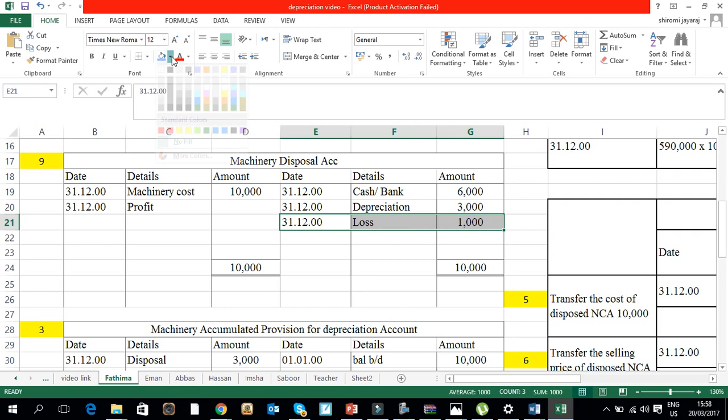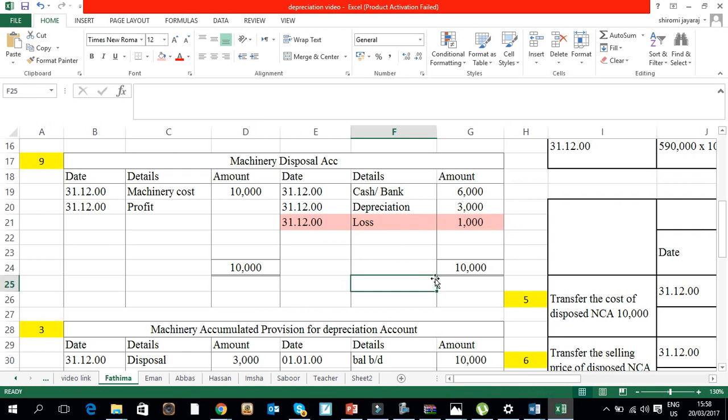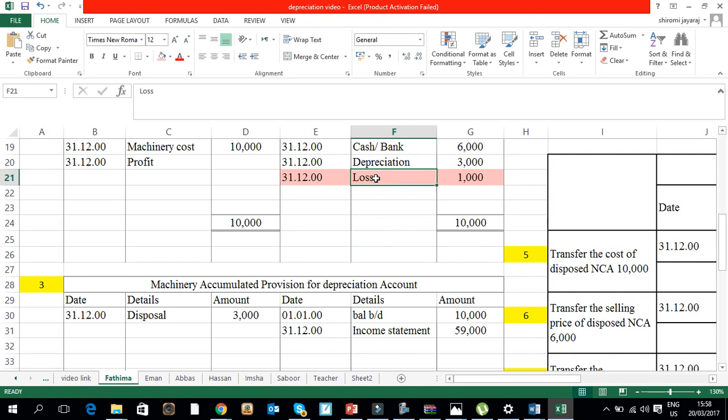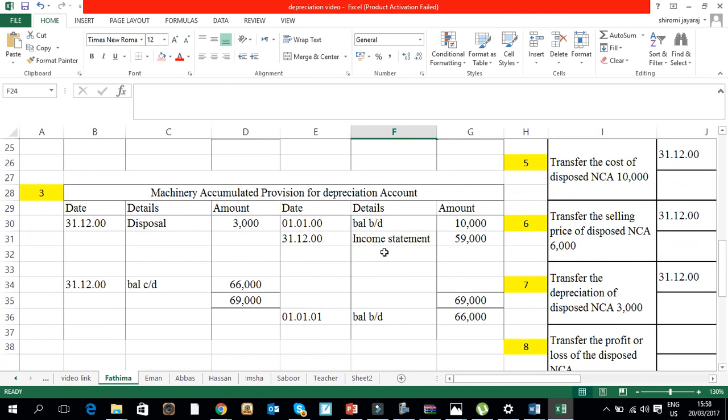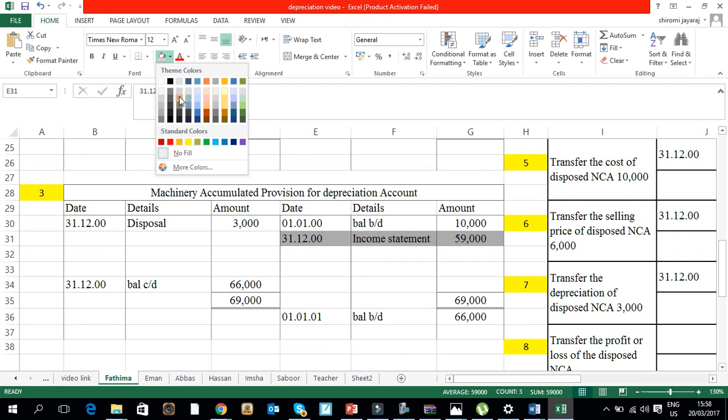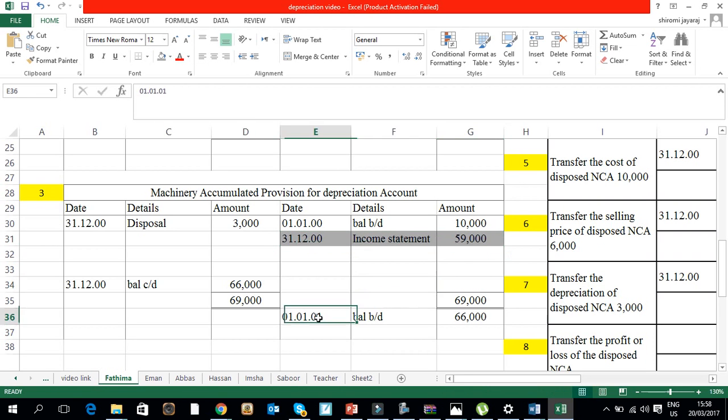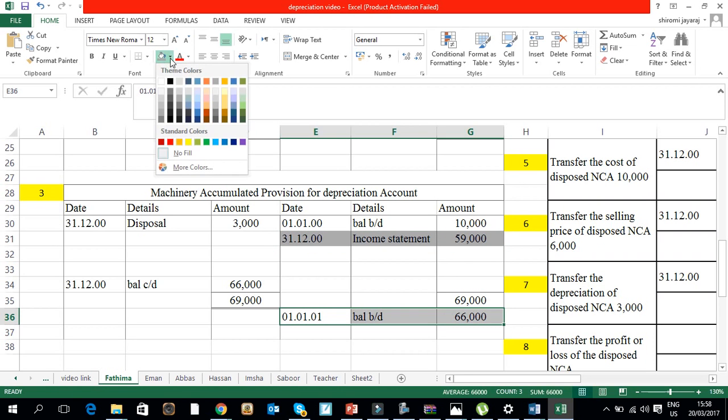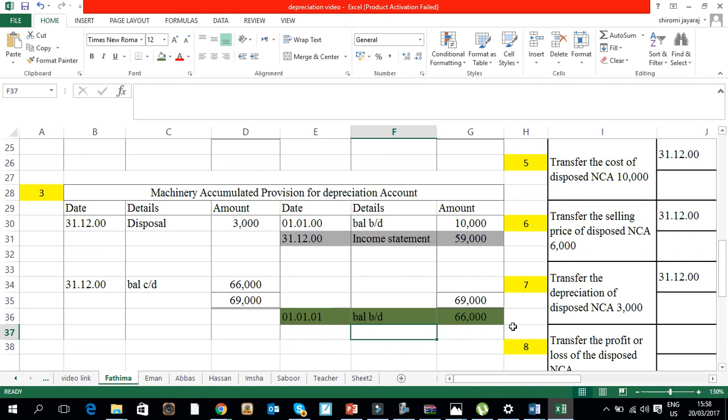This should go to the income statement. As it is a loss, it comes under expense. And this value goes to income statement. And this brought down value, since there is a brought down balance, it goes to the SFP.